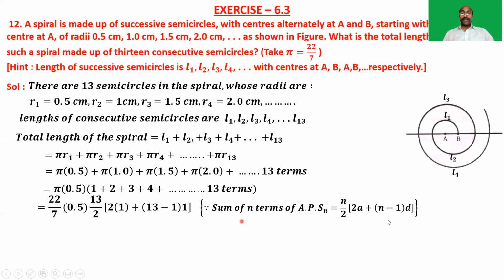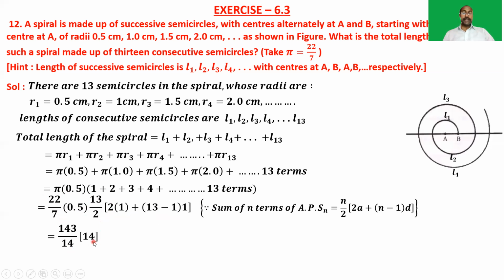So we are using Sn is equal to n by 2 into 2a plus n minus 1 into d, where n is equal to 13, a is equal to 1, d is equal to 1. And now 22 into 0.5 is 11. 11 into 13 is 143 by 7 into 2, 14. So the product of these three terms is 143 by 14, and the value in the bracket is 14: 2 ones are 2 plus 13 minus 1 is 12, 2 plus 12 is 14.